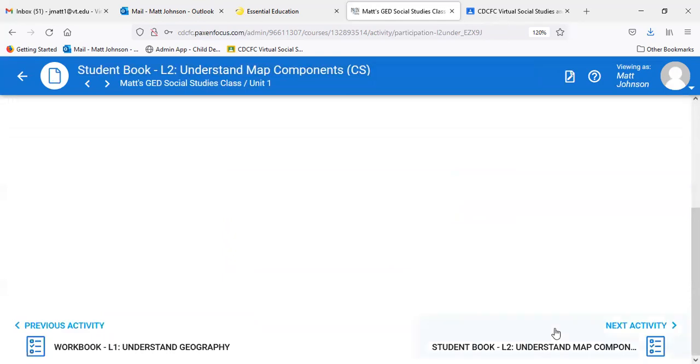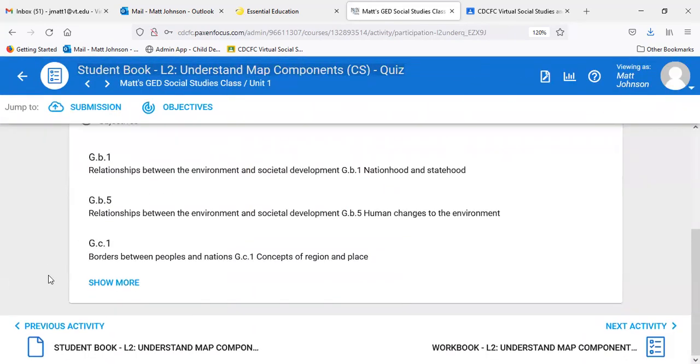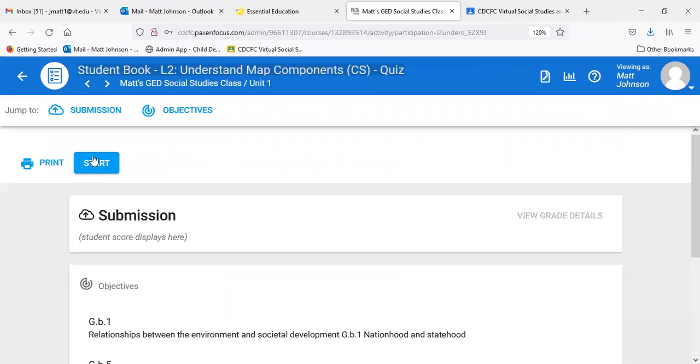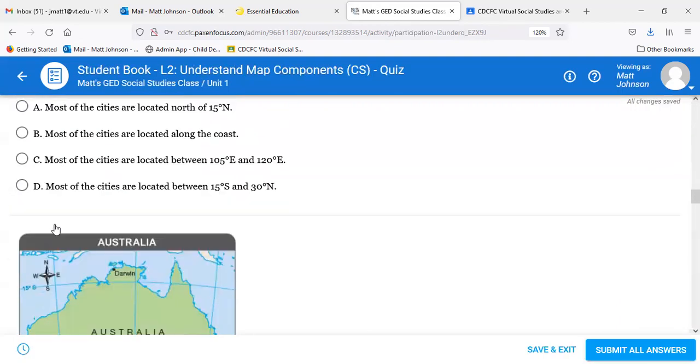It doesn't take you into the workbook. Okay, yeah, that's what it should do, is take me into the quiz. But we were just working on the workbook when we were answering those questions. I'm trying to figure that out, because all I did was hit the next activity and then start. Maybe they're hitting the next activity and not pressing start.